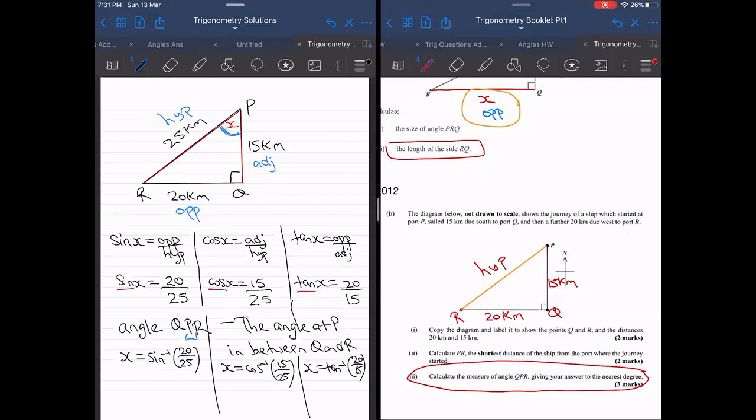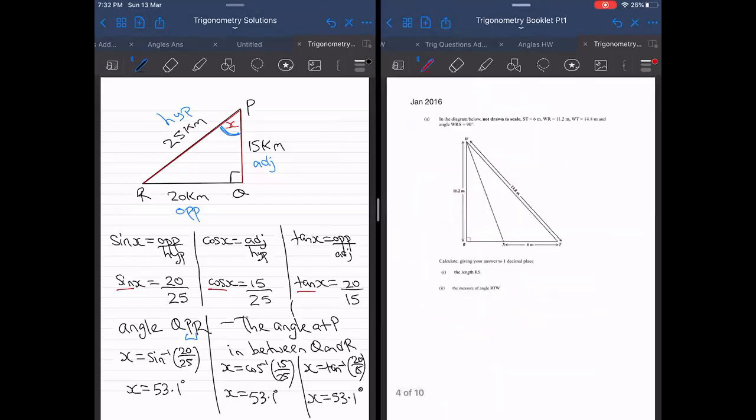And yes, you should be getting 53.1, or 53, depending on how your calculator was rounding. It doesn't matter which one you use, all of them should be giving you 53. Anyone not clear, let me know.